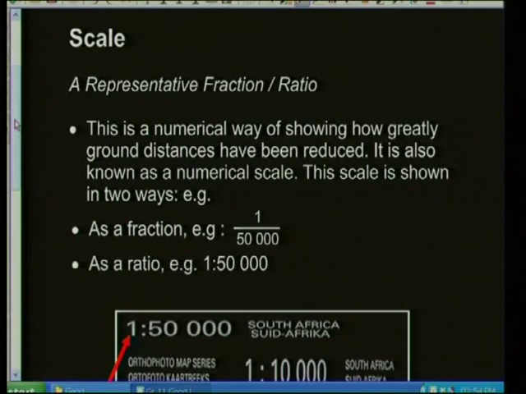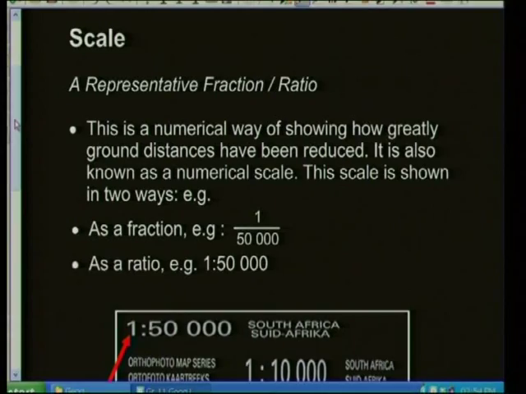All right? Let's look at the next one, scale. You've done this from primary school. You understand? And you know already. So I'm going to go briefly through this in terms of the different scales. You've got the fraction scale and the ratio scale. Fraction stroke ratio.